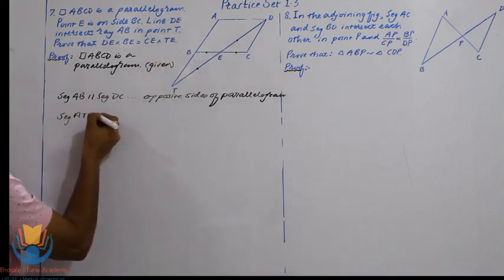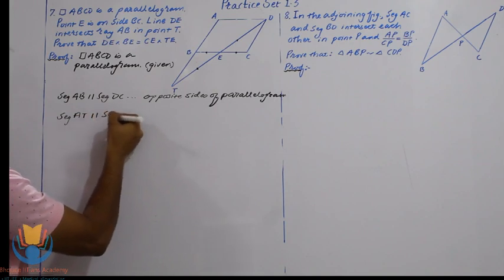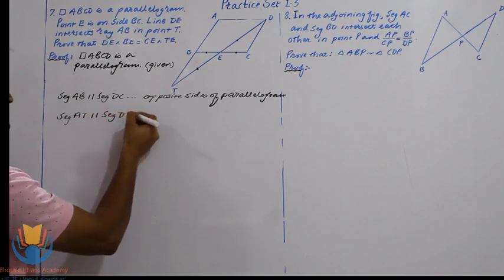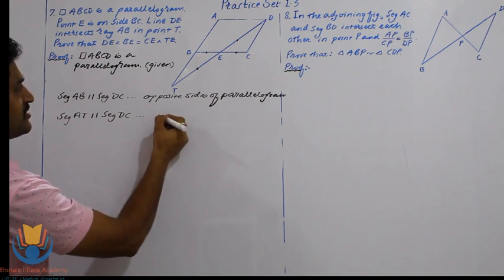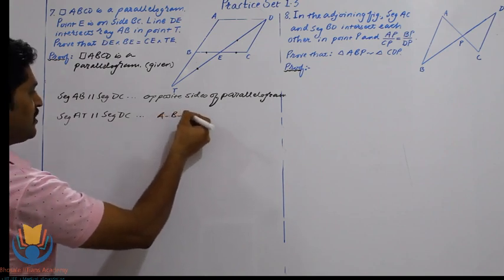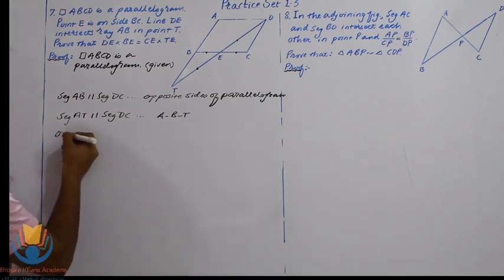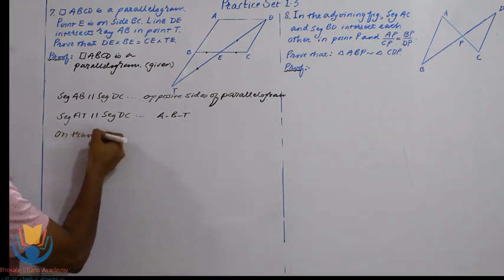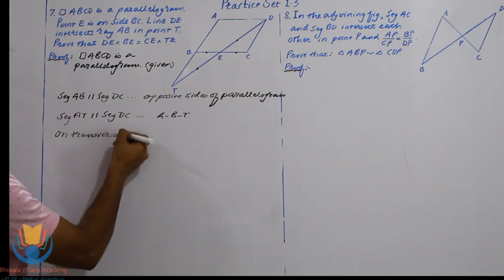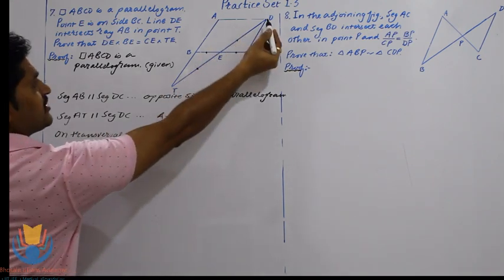So this can be written as AT parallel to segment DC, and here we will write the reason, A, B, T. And we will take one transversal. On transversal, you can look at this transversal DT.